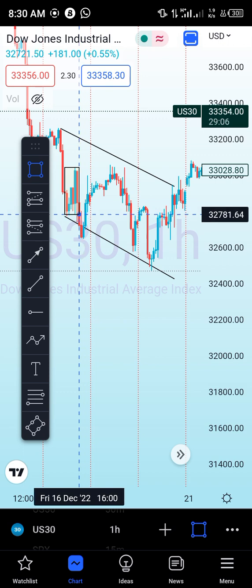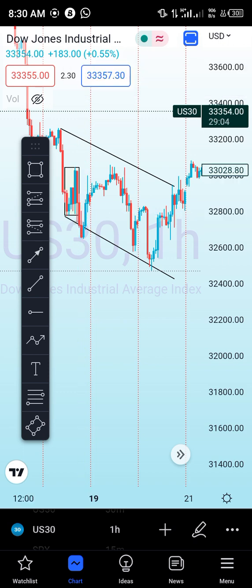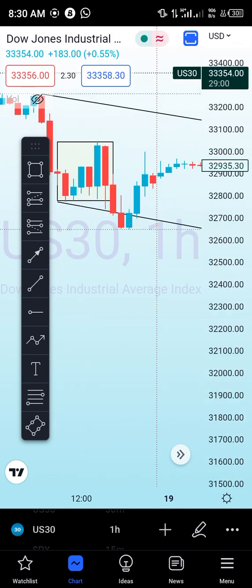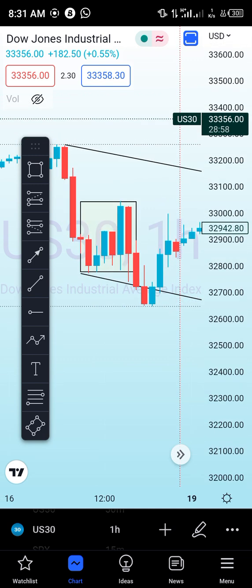So what happened here now is an example of a pullback. Let me zoom in so that you can see it clearly. This zone here is a very good example of a pullback. It is a pullback because the market retraced only up to 50 or 60% of the dip that happened.